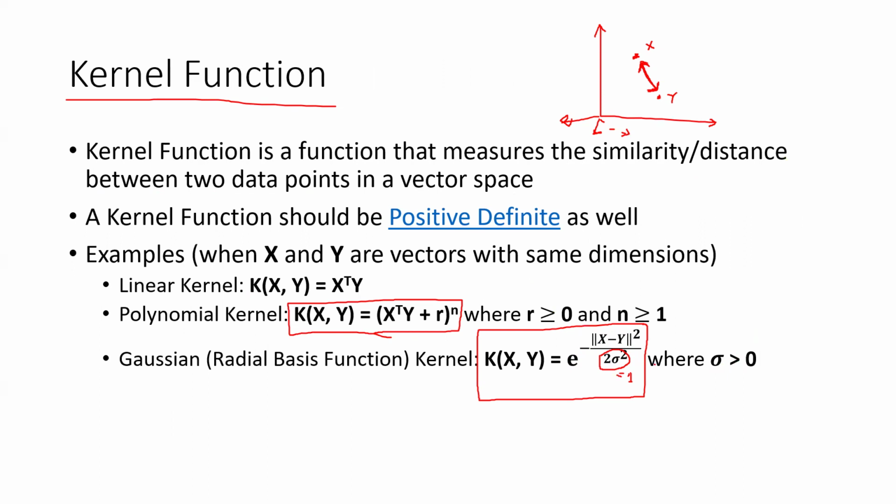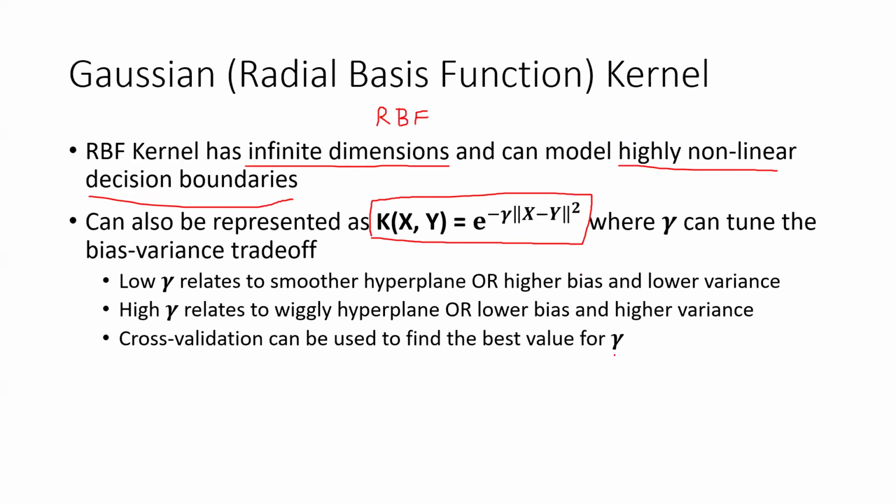Sometimes this negative 1 over 2 sigma square can be represented as minus gamma. This gamma can be tuned to tune the bias-variance trade-off.